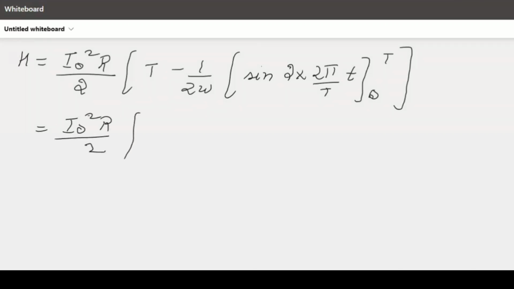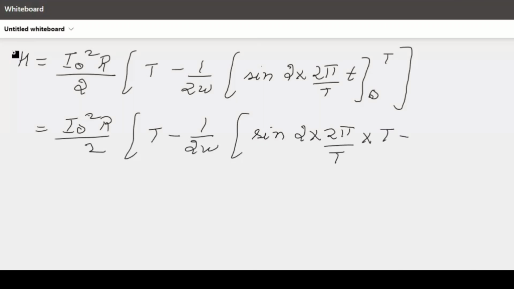By solving the sine, because this is only left to solve the limits for the sine, this is equal to sine 2 multiplied by 2 pi divided by capital T, upper limit capital T, lower limit is 0. So the complete equation comes out to be 0.